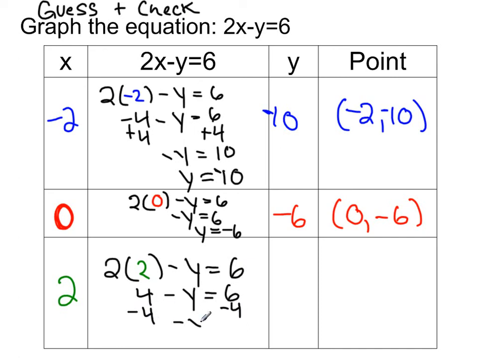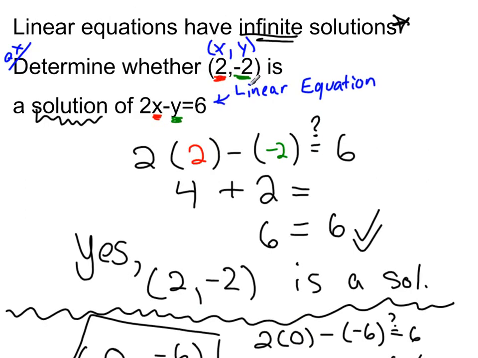So we have -y equals 2. We have to divide by -1, so y equals -2. And so we have the ordered pair (2, -2), which we had seen earlier as well, right?